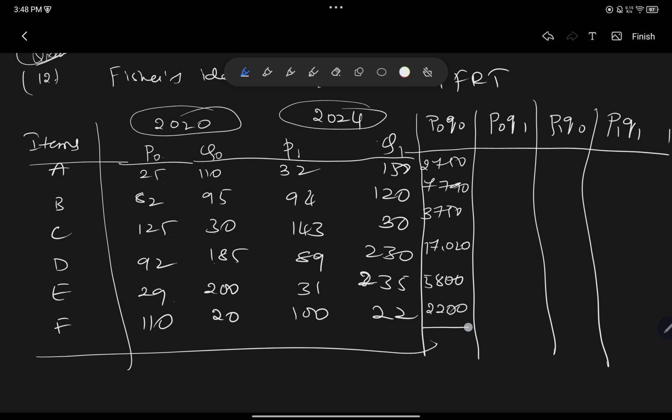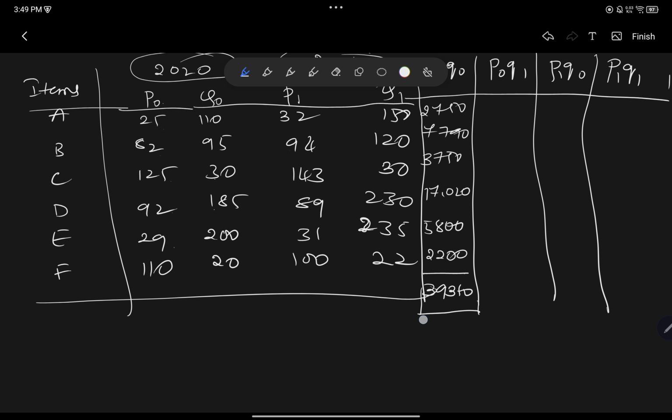These are the items. So now I need to take the total of these also. When I am taking the total of this, 2750 plus 7790 plus 3750 plus 17020 plus 5800 plus 2200 is equal to 39,310. So what is this?